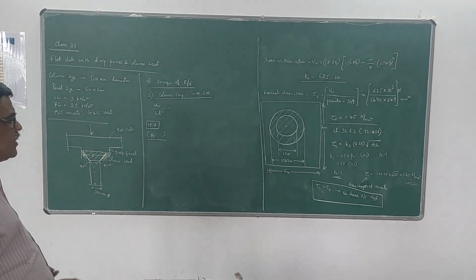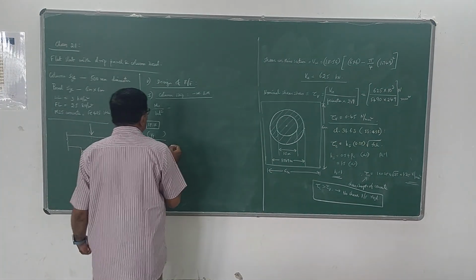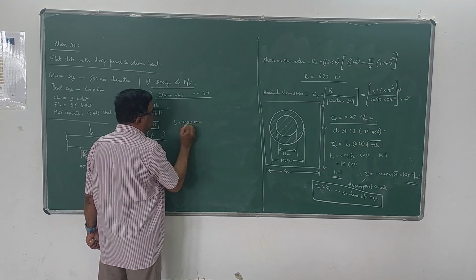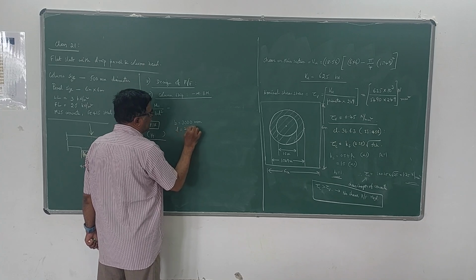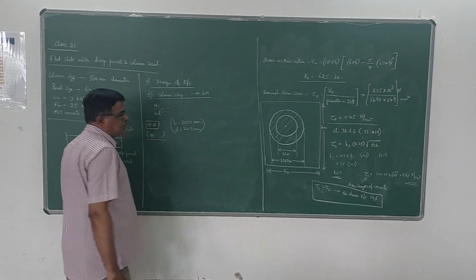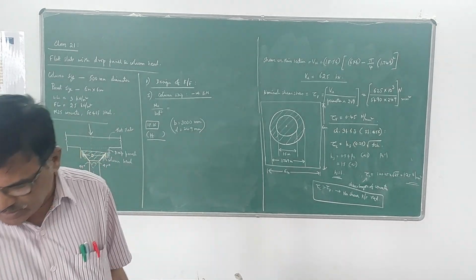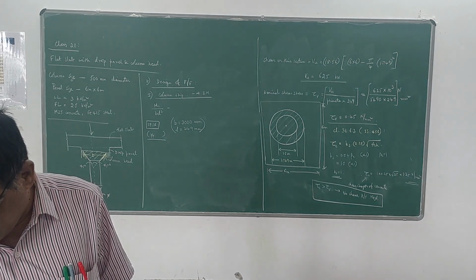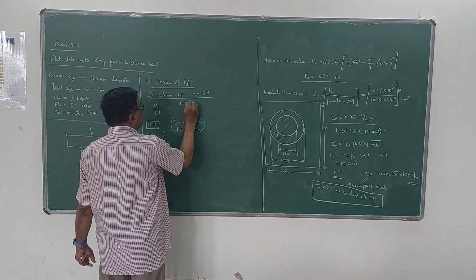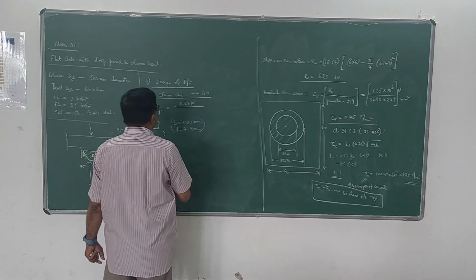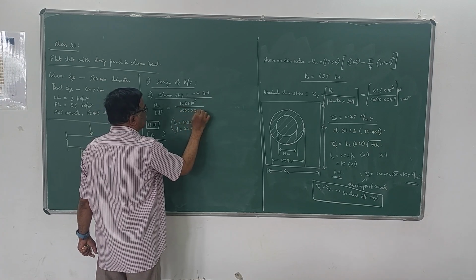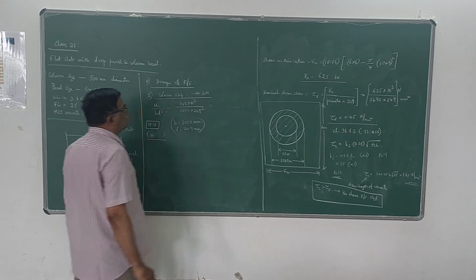Please note that b value here is 3000 and for the column strip d value is 249. Keep these two things in mind. The value of Mu is 148 kilonewton meter, so you take 148 into 10 power 6 Newton millimeter divided by 3000 into 249 square. This is the value of Mu by bd square.